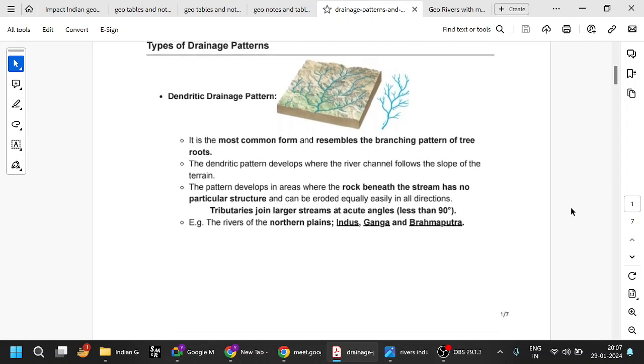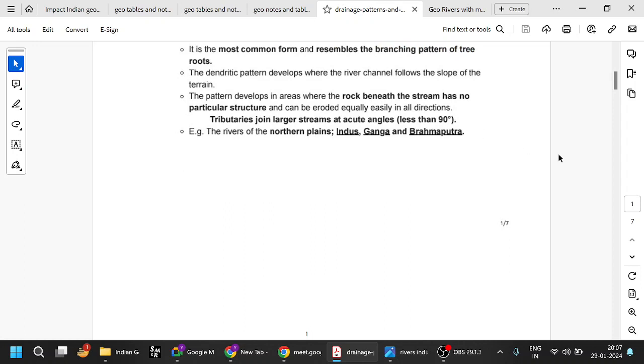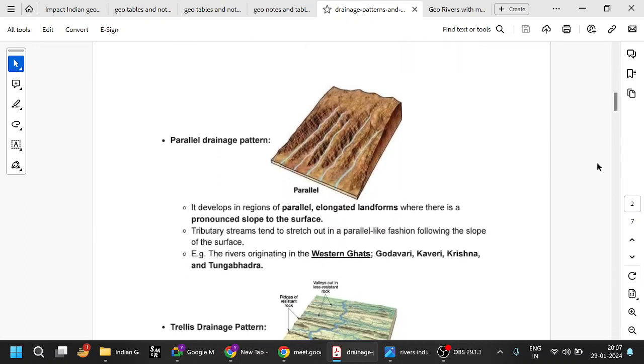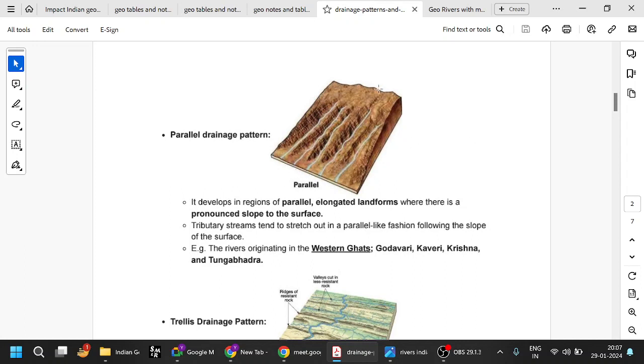So this is dendritic example: Indus, Ganga, Brahmaputra in the northern plains. Parallel drainage, multiple rivers flowing in parallel, especially we can see this in Western Ghats. So our peninsular rivers, the rivers which flow in the peninsular region.